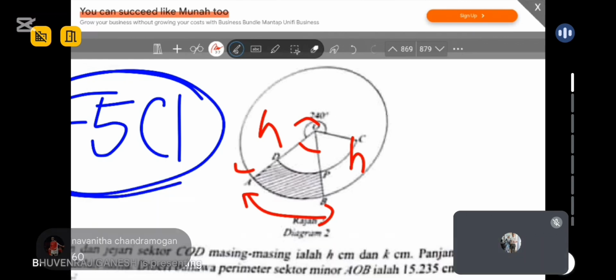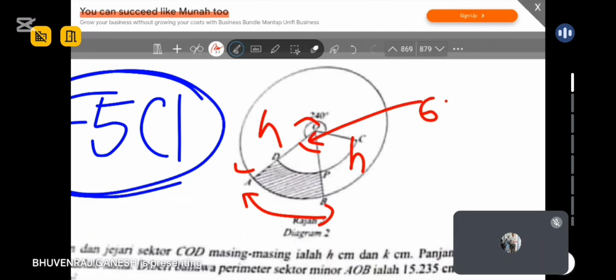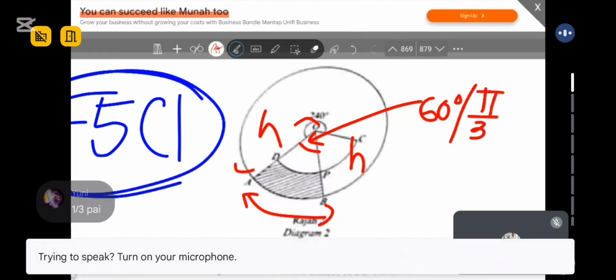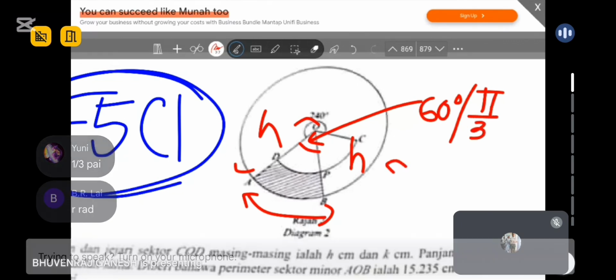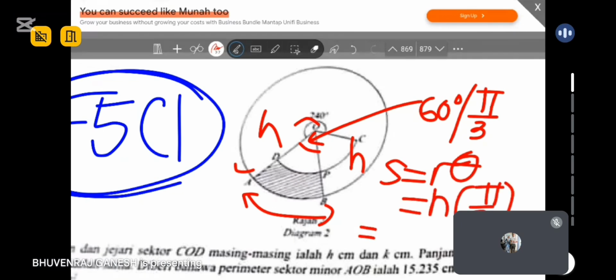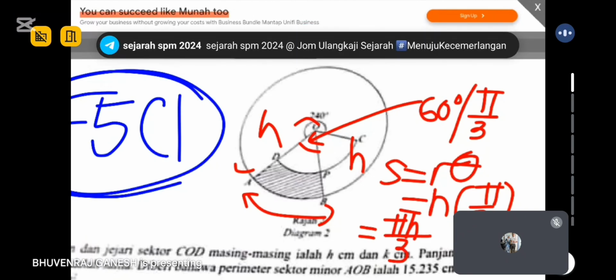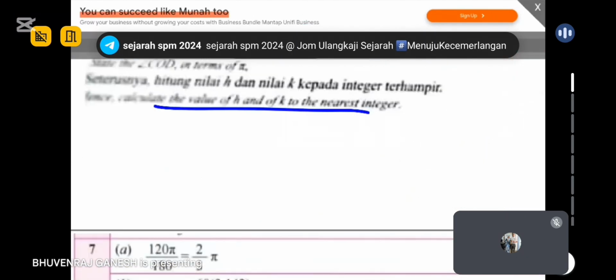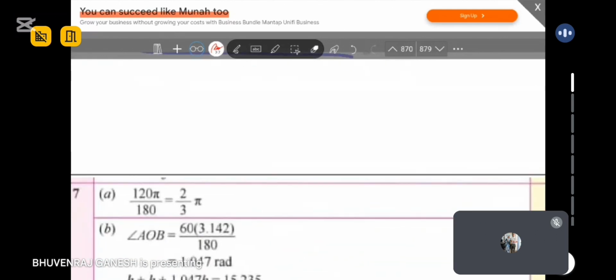Yes, 60 degree guys. Yang ni adalah 60 darjah or pi over 3 radian. Then just s equals r theta. R adalah H, sudut pi over 3. So you have pi H over 3. So first equation you already get.